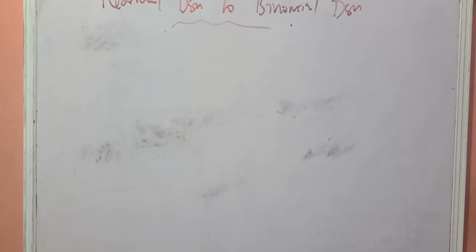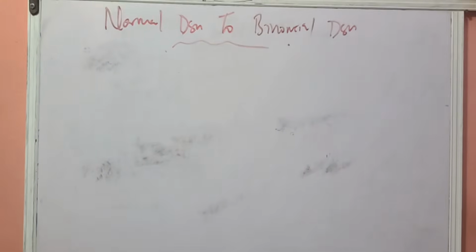Now, there's another scenario where you would see a question and it would look very much like a binomial. It will actually be a binomial distribution, but it won't be very ideal to make use of a binomial distribution. And I will be telling you the reason very soon.